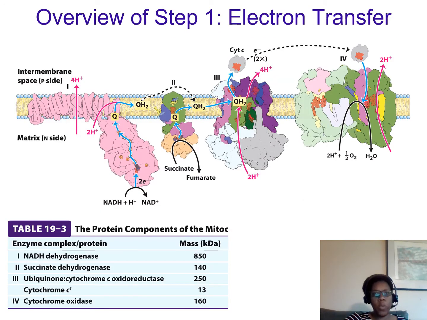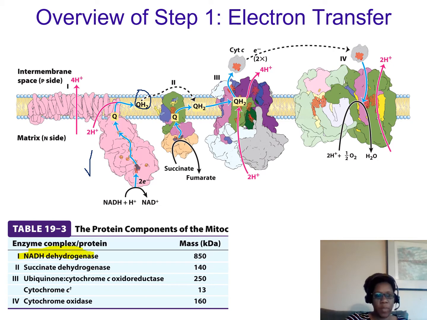All right, so now we're going along our electron transport chain. We did complex 1. Check, we took the electrons from NADH and we passed them to Q. So Q has these electrons as QH2. Complex 2 is not connected to complex 1.